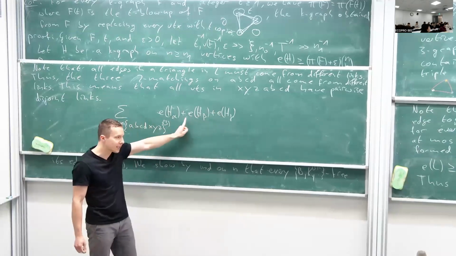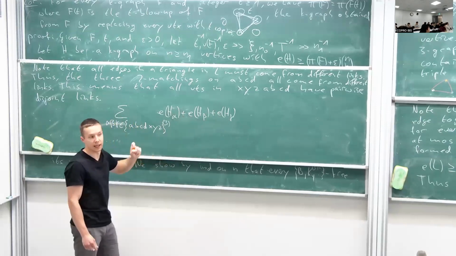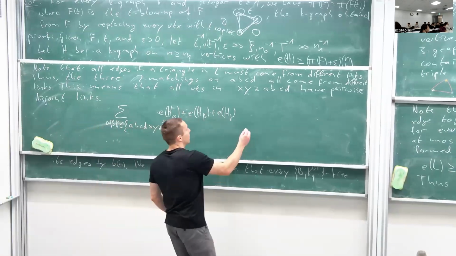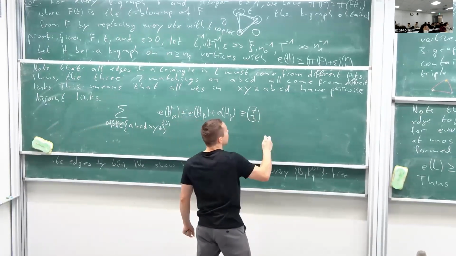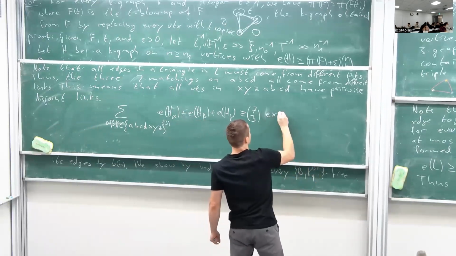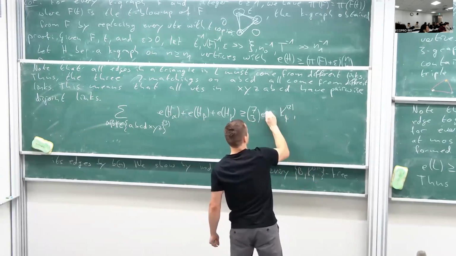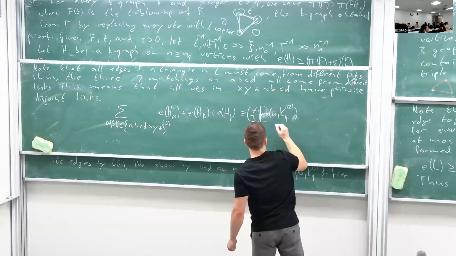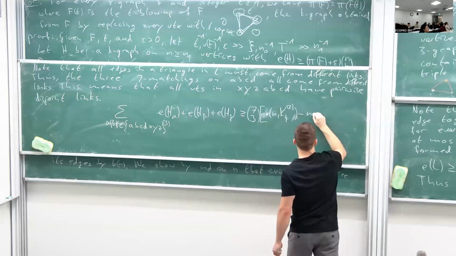Because every edge that's incident to one of these will appear in one of these links. Because here we're looking at the complete link. So we have this bound from before on that, right? So this is at least 7 choose 3 times this, minus n is 2.